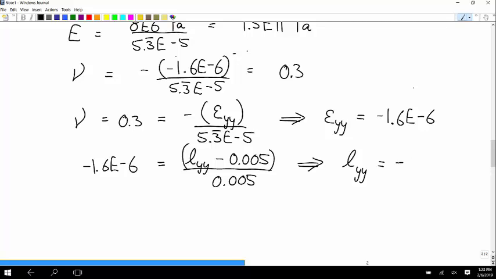It's going to be positive, but it's going to have gotten smaller. And that's meters. Yeah, two zeros.